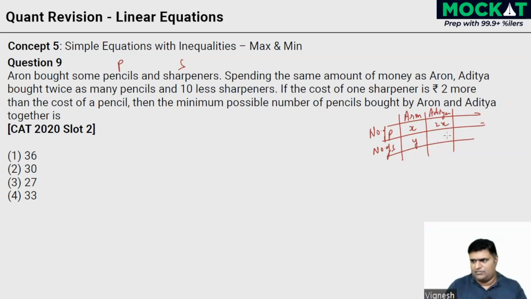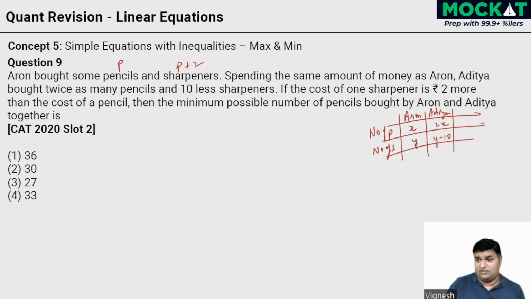So Y over here, the number of sharpeners is going to be Y, and for Aditya, Y minus 10, right? But pencils and sharpeners are linked up, and how? Cost of one sharpener is 2 more than the cost of a pencil. So P and P plus 2 are the costs of a pencil and a sharpener, right?